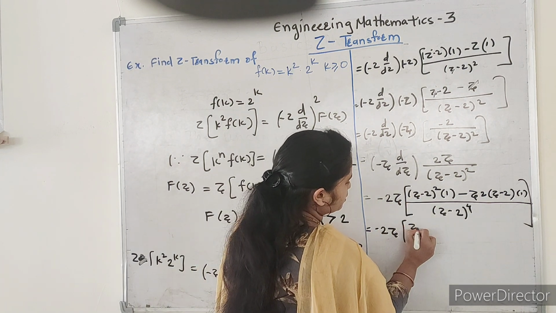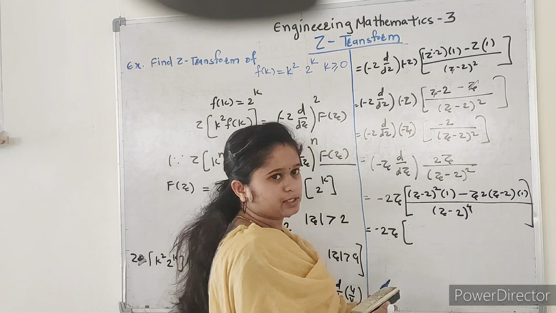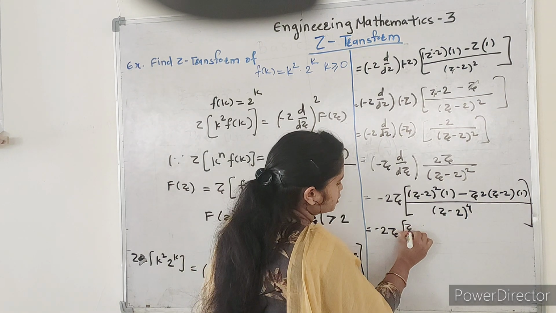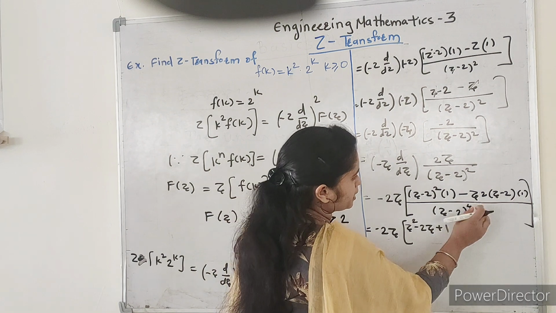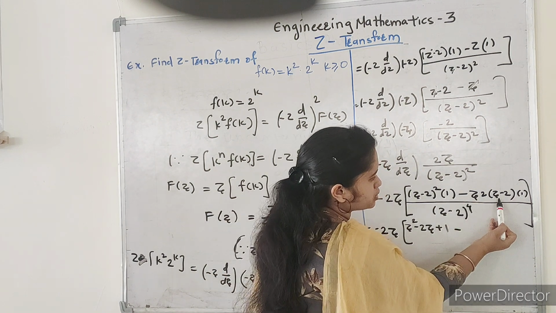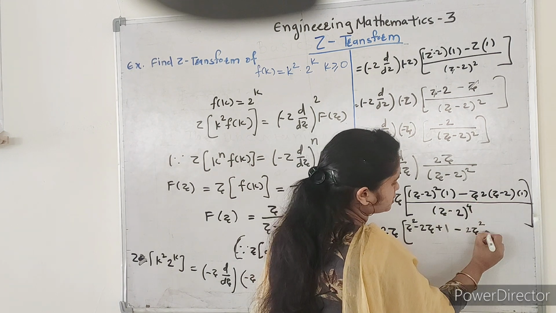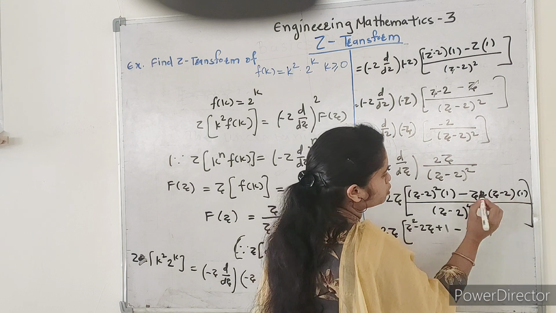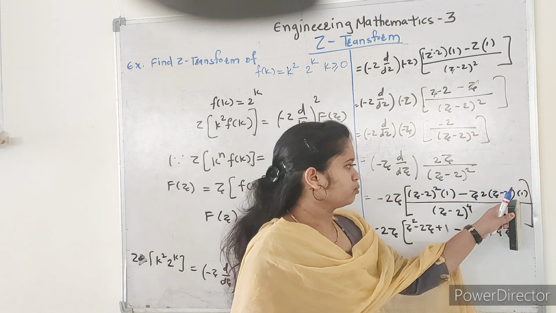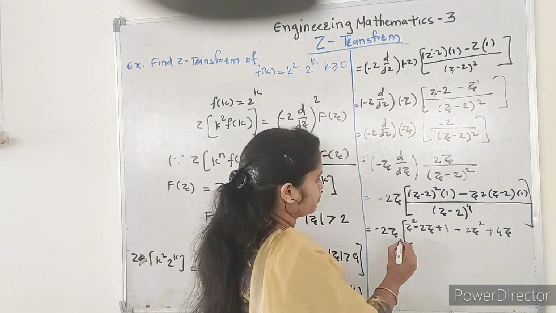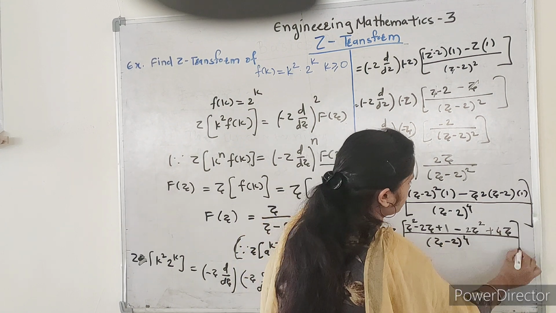Here z minus 2 bracket square, we simplify it, expand this bracket, so we get z square minus 2z plus 1. Correct? Minus here 2z into z, which is 2z square. Then minus gets plus 2z into 2, which is 4z. 2z into minus 2, which is 4z, and divided by z minus 2 raised to 4.